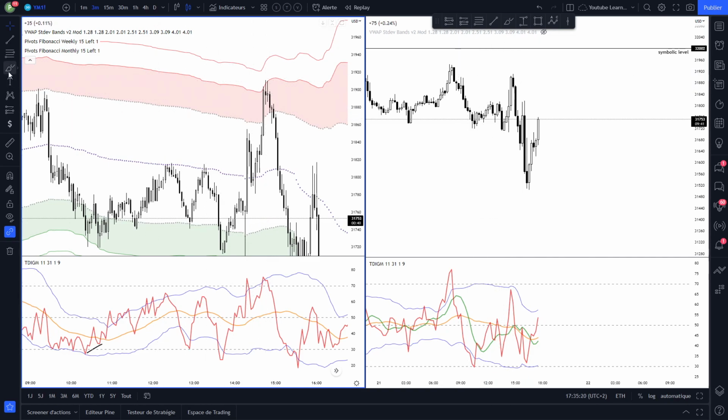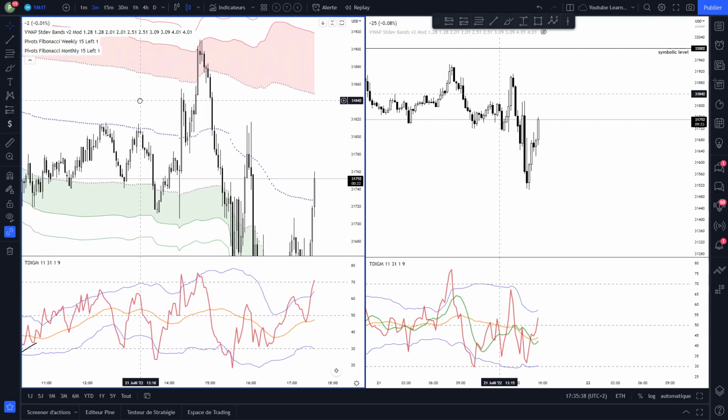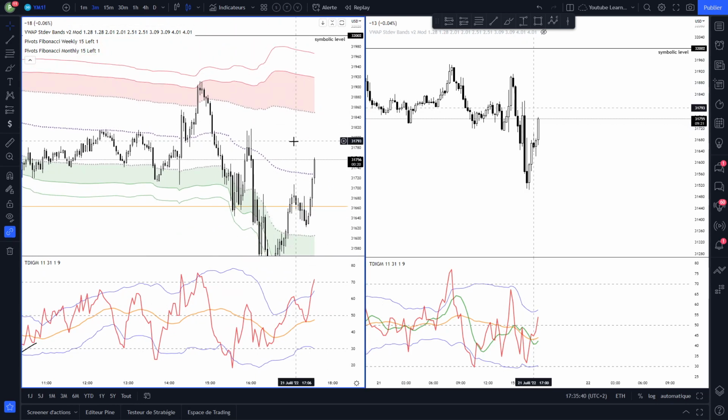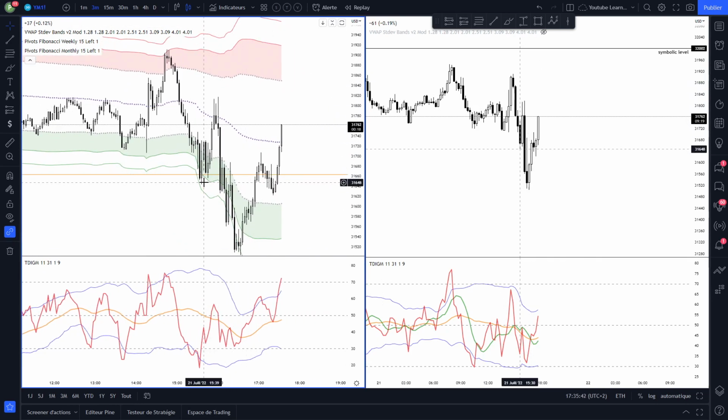You should know that I never trade right after the London Open and the US Open. I always wait at least 15 minutes after the London Open, and 30 minutes to 1 hour for the US Open, because it's really too dangerous, too risky, and you will have a much bigger stop loss if you enter at this time.